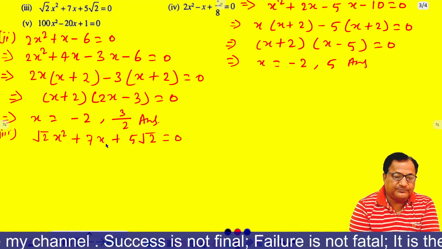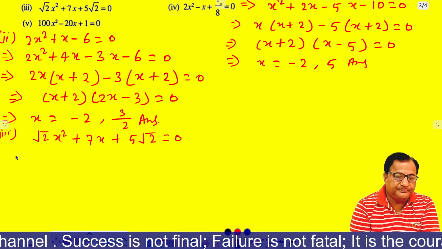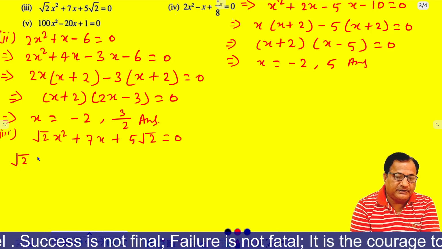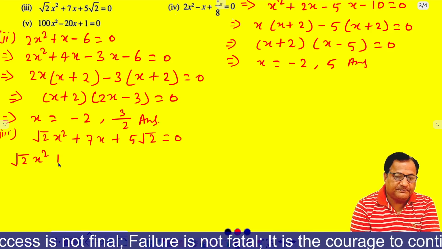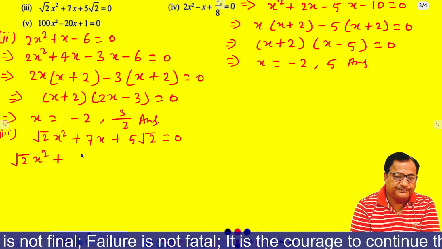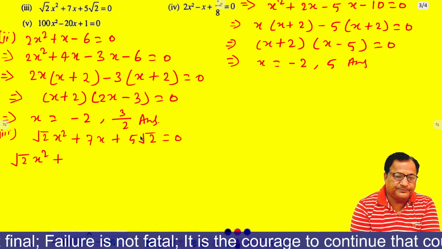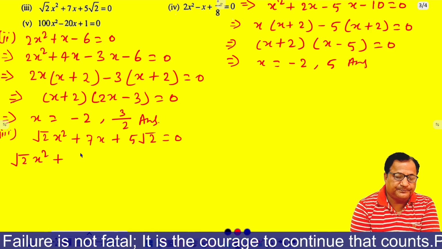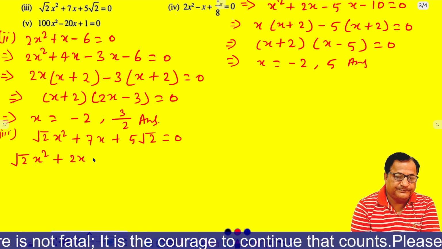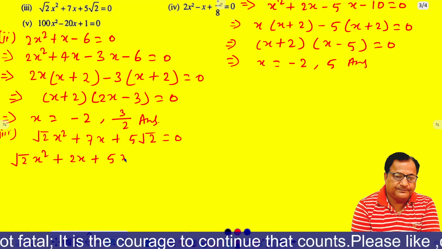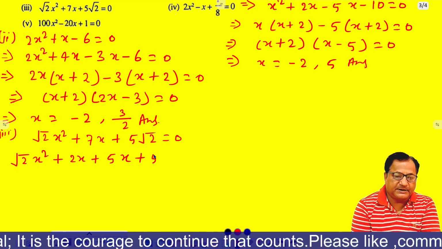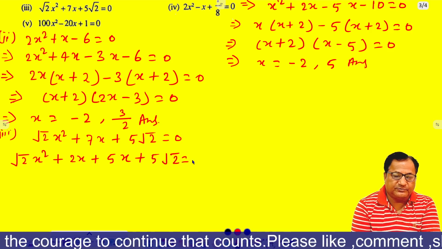So if we split the middle term, then root 2 x square plus 2x plus 5x plus 5 root 2 equal to 0.